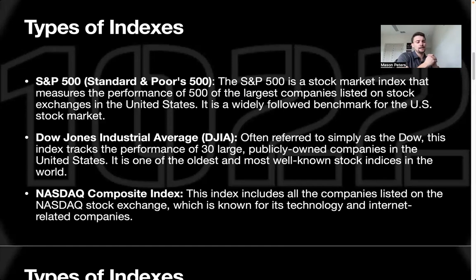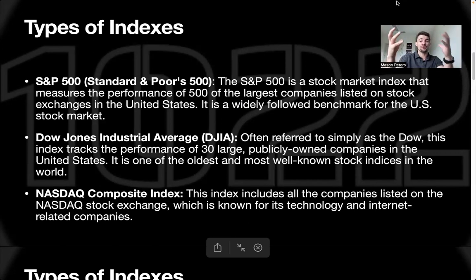Tesla. I don't even know if Walmart's part of that anymore, but if you looked up the 30 largest publicly owned companies, you would see quite a few big ones that you recognize. So that's the Dow Jones: the average of 30 large companies.